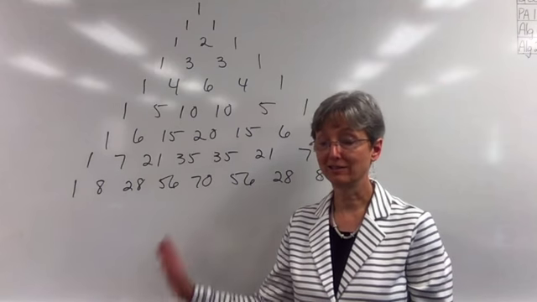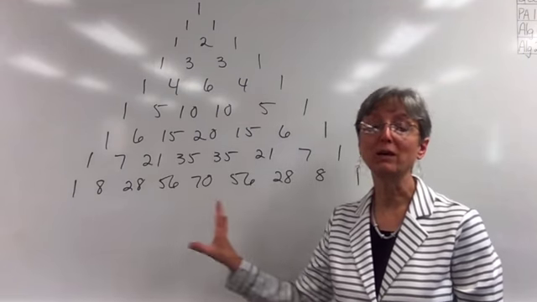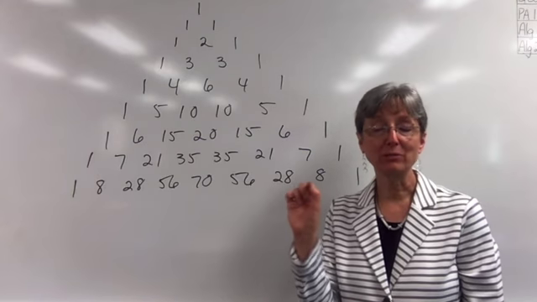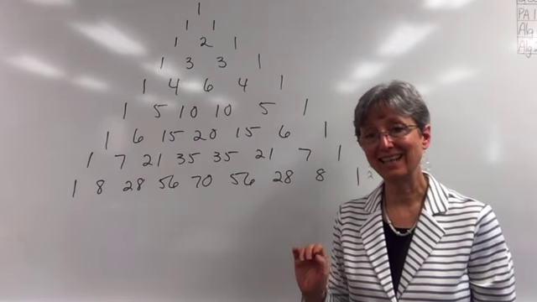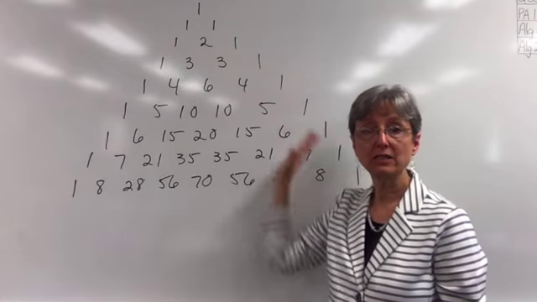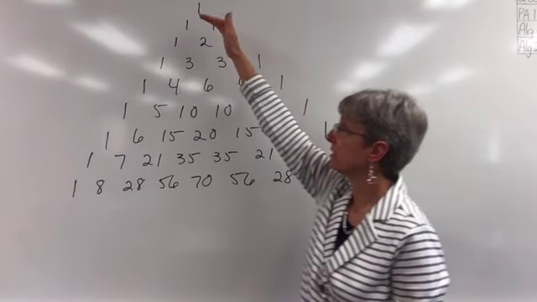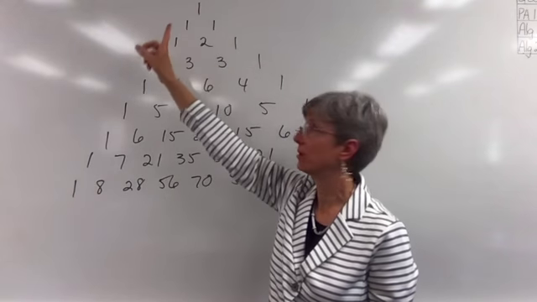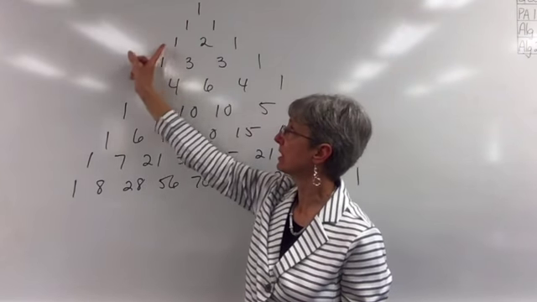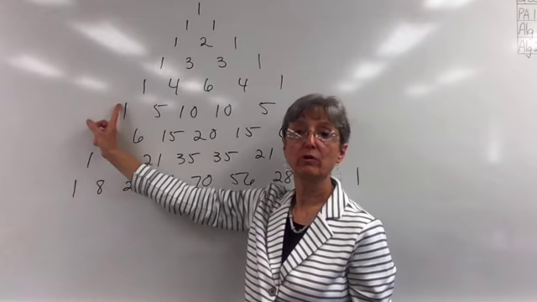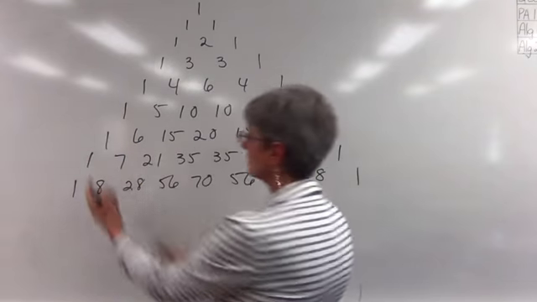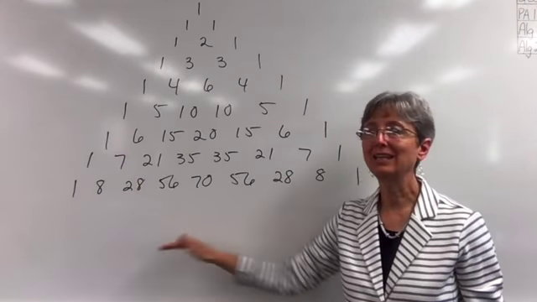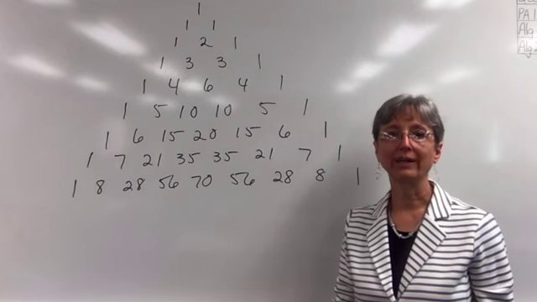There's so much that you can do with Pascal's triangle, and I'm just going to barely touch the surface of this today. We have basically a triangular pattern. These are rows across. This very first one on the top is row 0. So this is the first row, the second row, third row, fourth row, fifth row, sixth row, seventh row, eighth row, and you could keep going on and on.